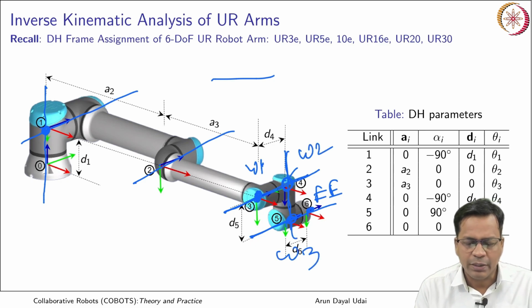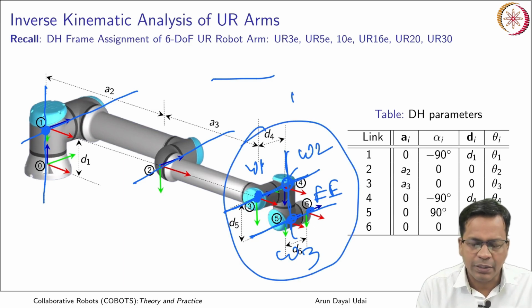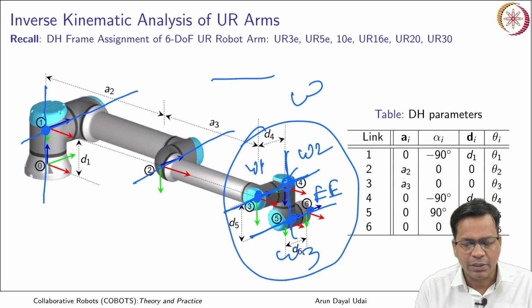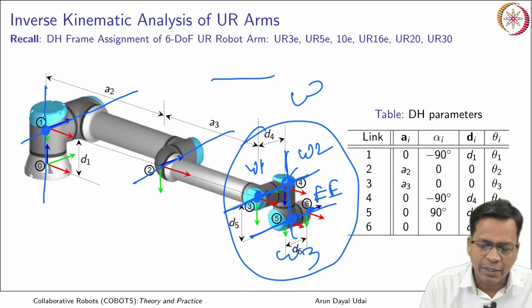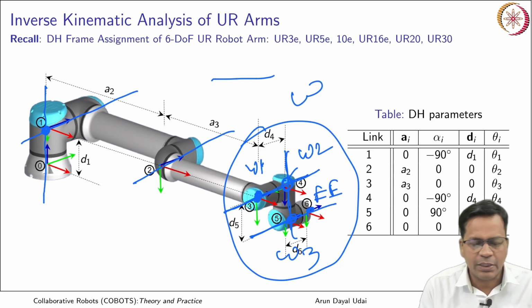In quite a lot of robots, at least industrial robots, you will find all three axes, axes 4, 5 and 6, intersect at a point, and we call it a combined wrist center point. We have seen it earlier.